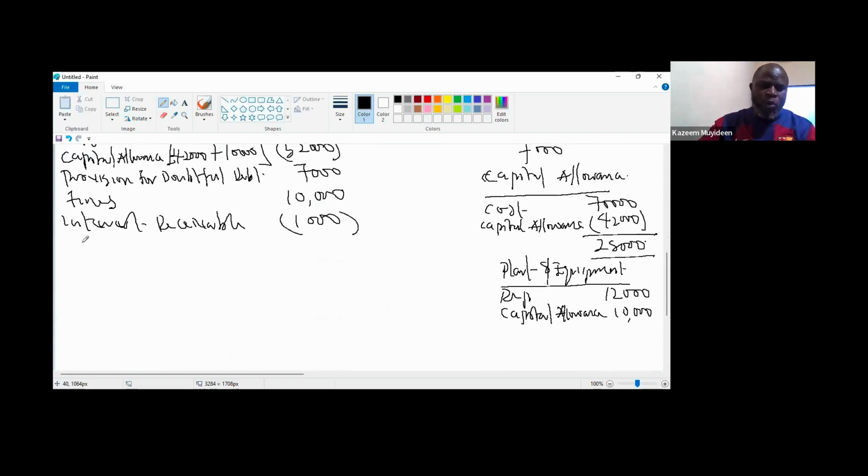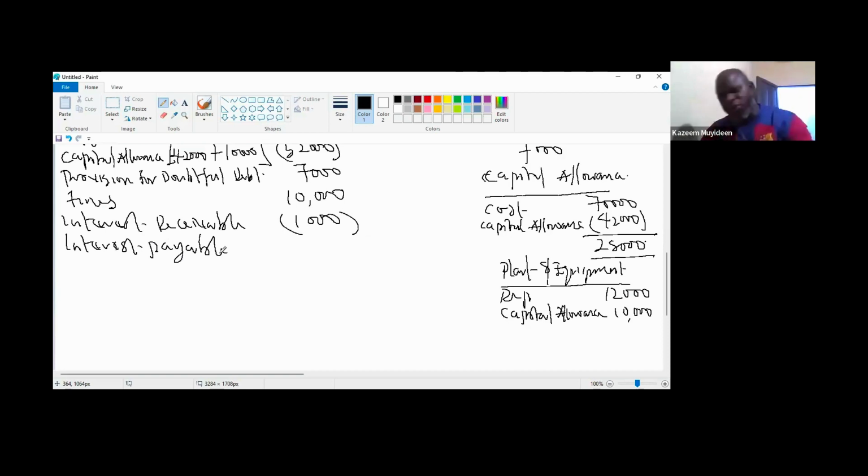Interest payable, the same thing on cash basis. Yeah, we have not paid the money, but we've removed the money because we are preparing account based on what happens during this year. See, have you paid this? No, it's payable.